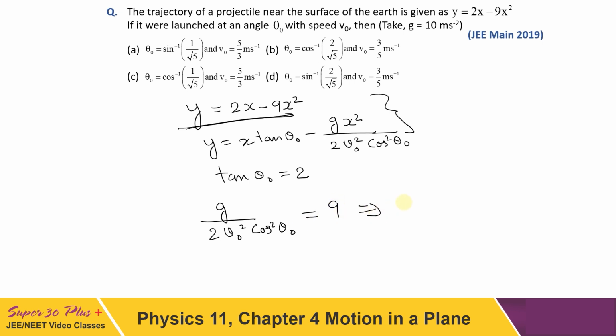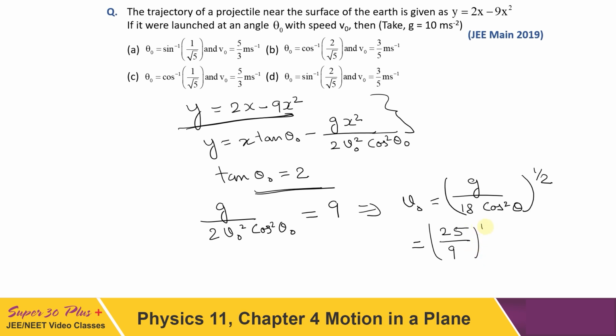From here we can write the value of v naught, that will be equal to (g upon 18 cos square theta naught) whole to the power 1 by 2. If we substitute the value of theta naught, because tan theta naught is given, this will come out as 25 by 9 and its root, that is equal to 5 by 3 meter per second.